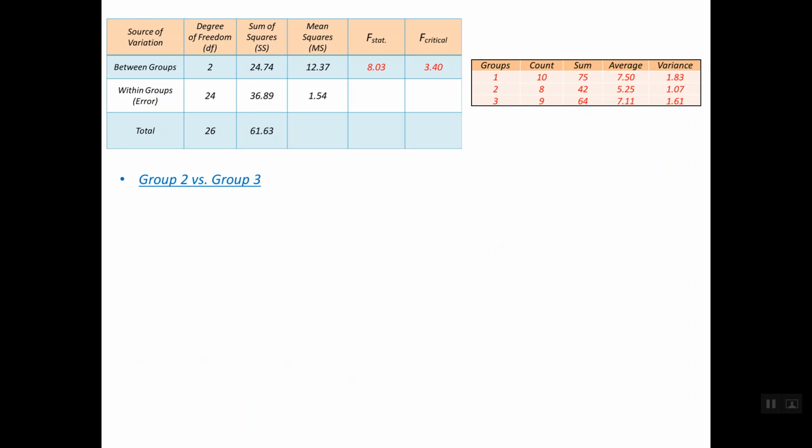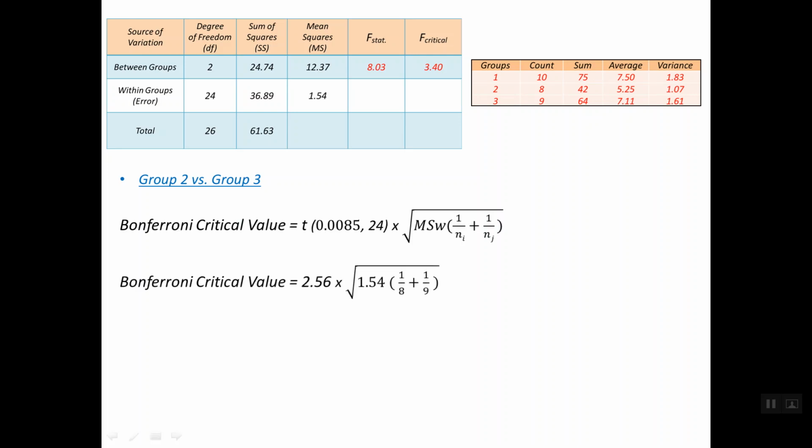The third comparison and the last one is between group number 2 and group number 3. The same formula, but in this case n sub i will be n2, which is the sample size for group 2, and regarding n sub j, it will be the sample size for group 3.